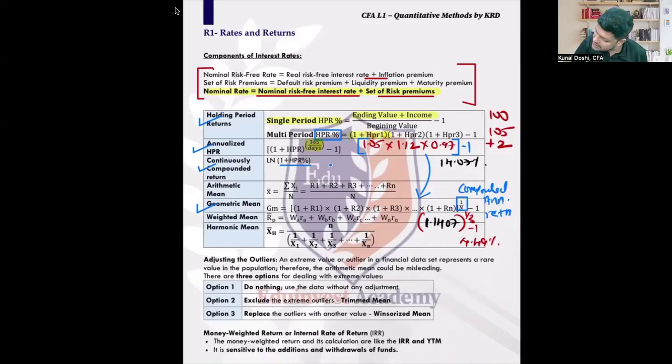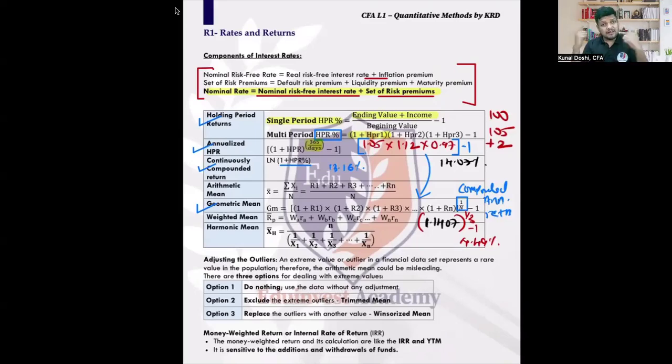So what is the outcome of this? If I continuously compound 13.16, continuously compound means, guys, in a year, when I say semi-annual compounding, how many semi-annual periods do I have in a year? Twice. Quarterly 4, monthly 12, weekly 52, daily 365. Can anything be much higher than that? Yes, hourly, second-wise.